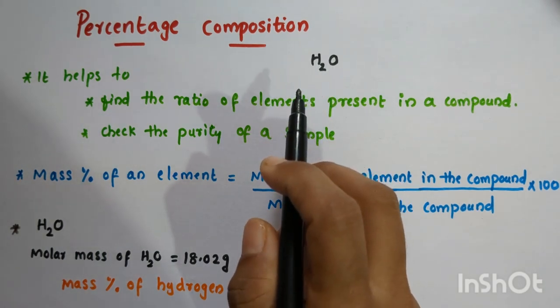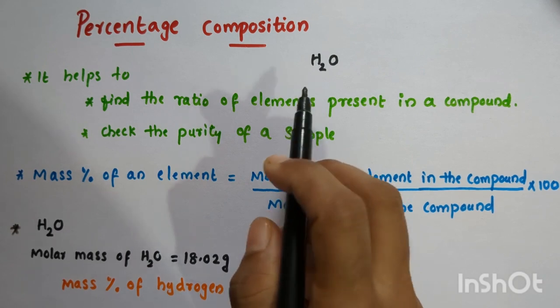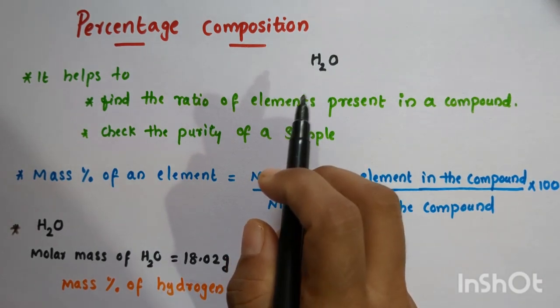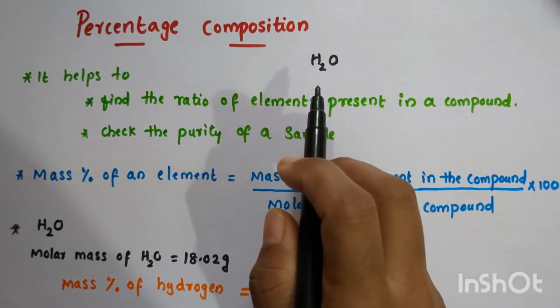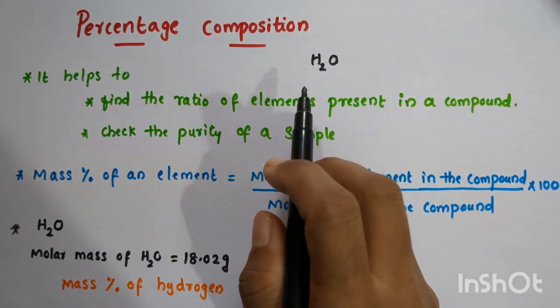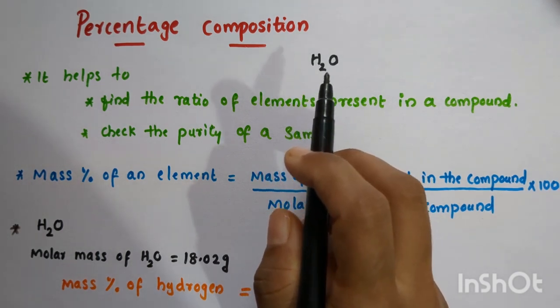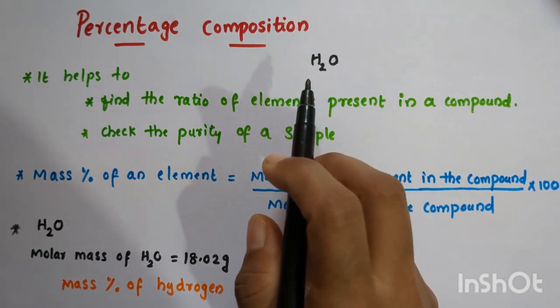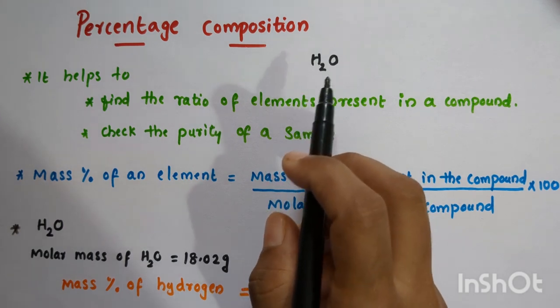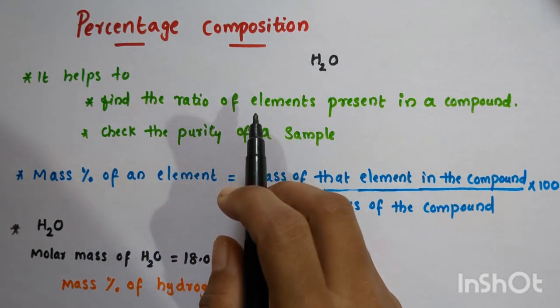In which ratio are they present in this compound? Or what is the percentage of hydrogen present in water? Or what is the percentage of oxygen present in water? To know this, we can use the idea of percentage composition.